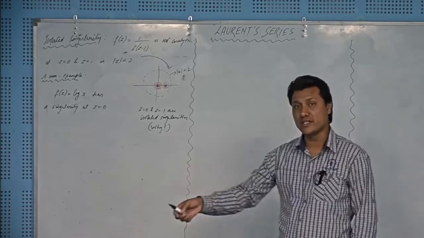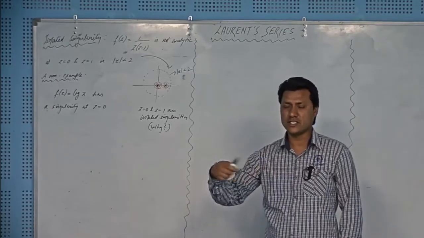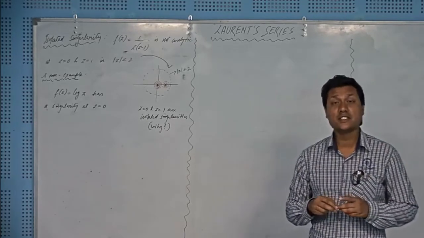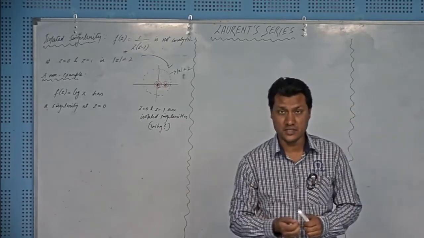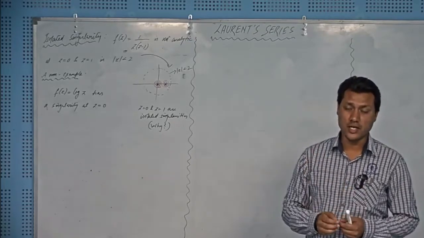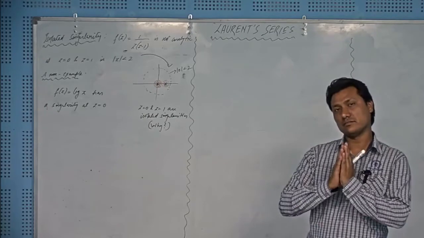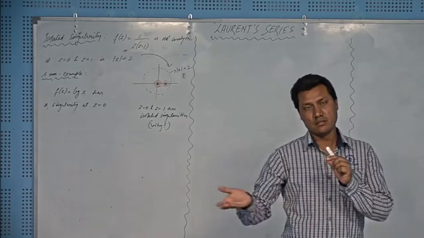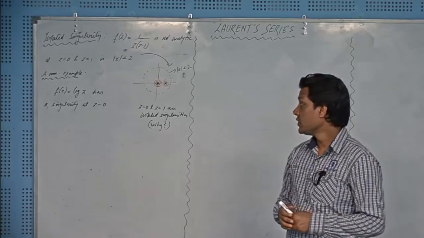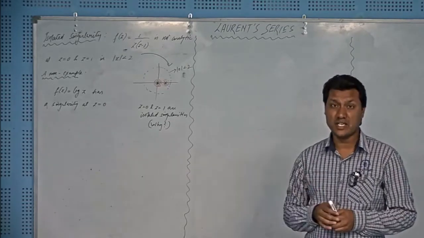Because you take any point on the complex plane, and that point is completely described by the values of r and theta. Whatever its distance from the origin, that is called small r, and whatever angle the radial vector makes with the positive axis, that is called theta. And due to this theta, this function becomes multi-valued.